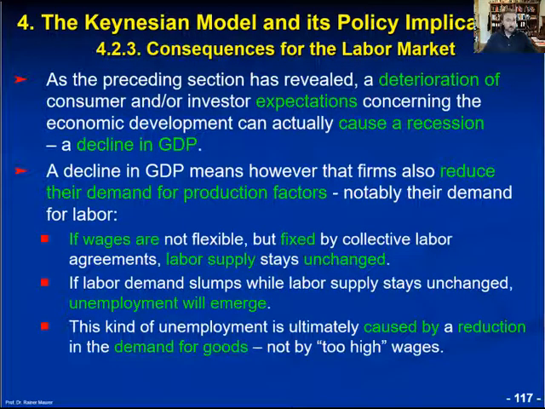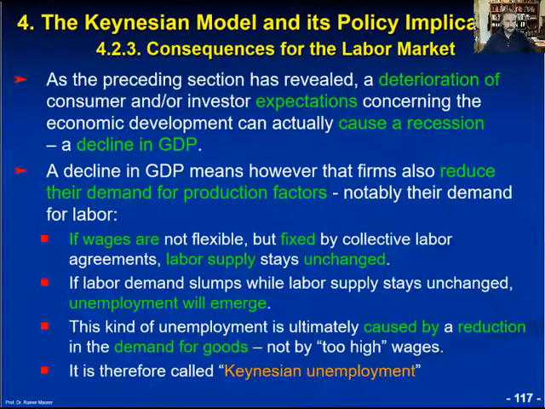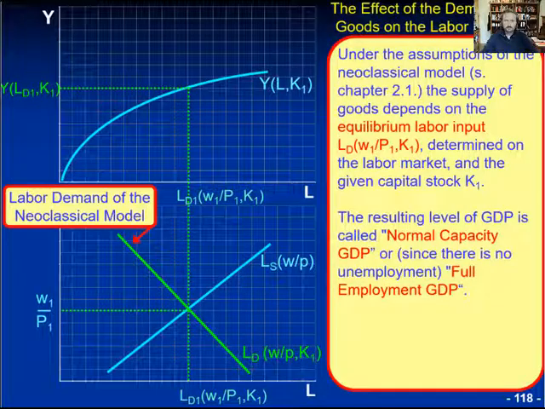This kind of unemployment is ultimately caused by a reduction in the demand for goods, and not by too high wages, as in the case of neoclassical unemployment. It is therefore called Keynesian unemployment. Let's analyze this adjustment process based on the production module of the Keynesian model.